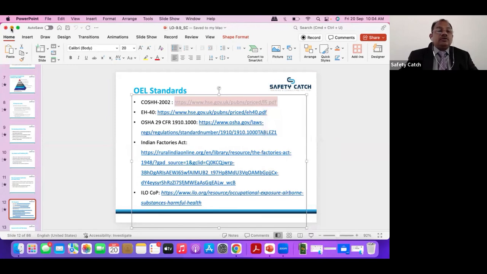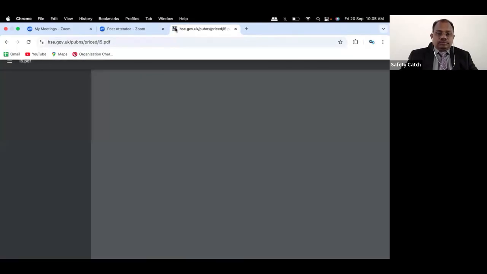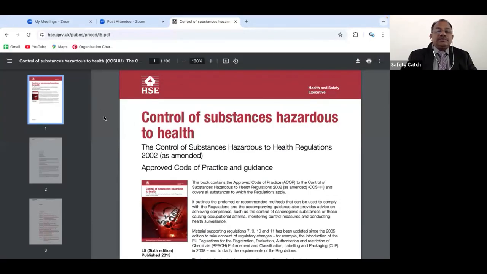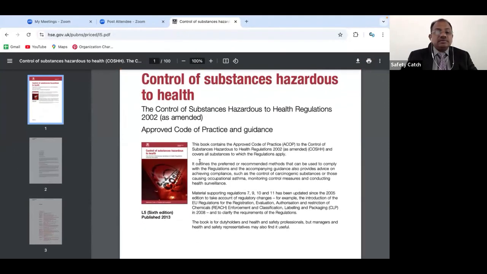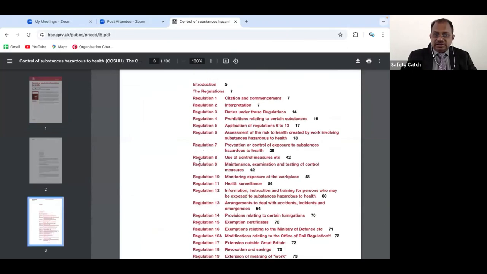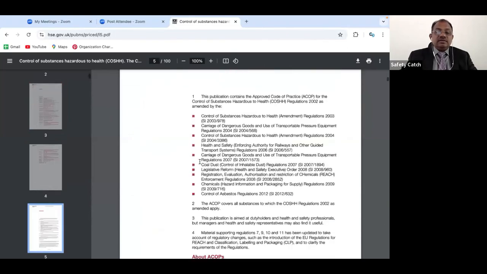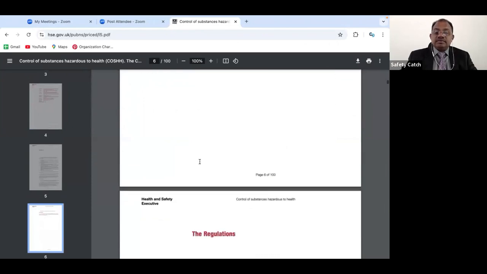It will be shared to you also. So you can see here, Control of Substances Hazardous to Health, HSE UK document, and much information regarding hazardous substances control, prevention, etc. will be given here.